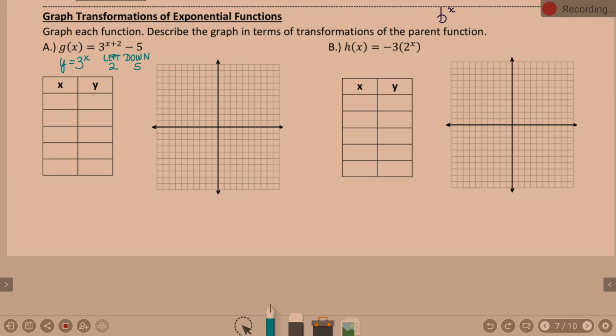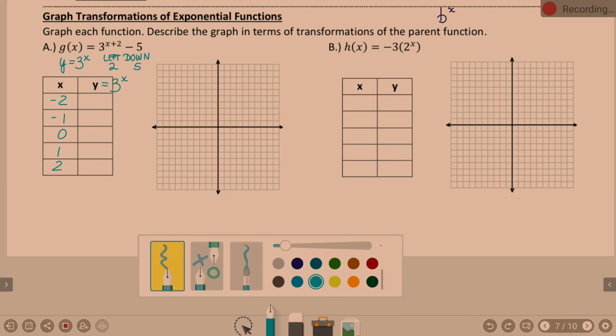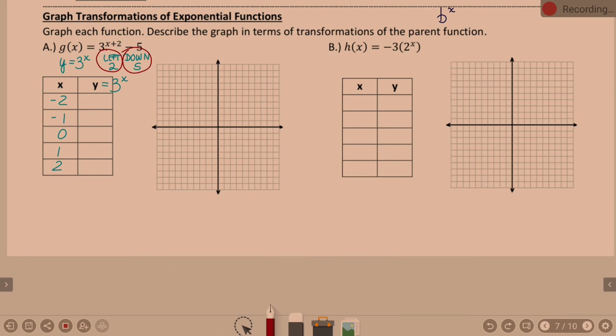So what I'm going to have us do is graph just 3 to the x with our x values -2, -1, 0, 1, and 2. And then after we graph that, we're going to do these other pieces of left 2 and down 5. Okay? So tomorrow, that is where we'll pick up, getting that graph done.